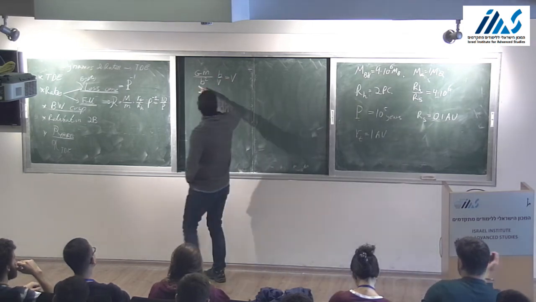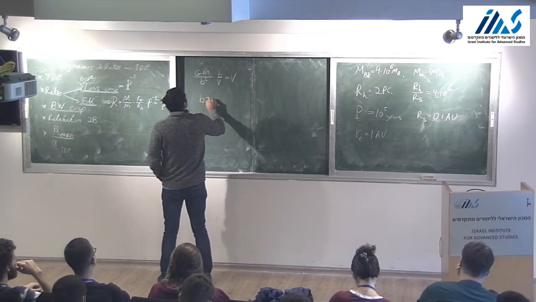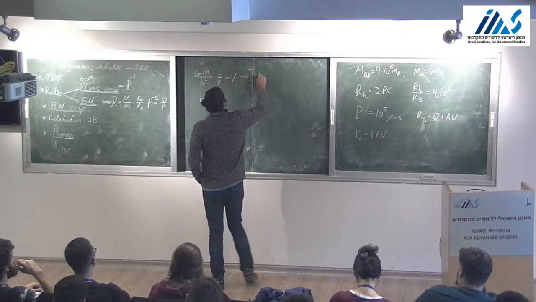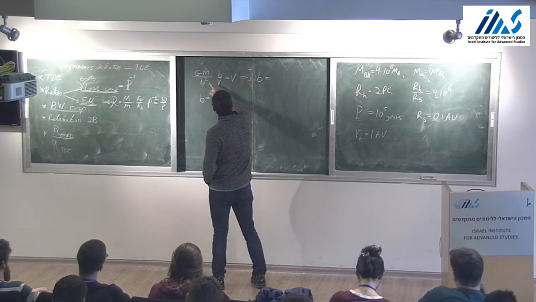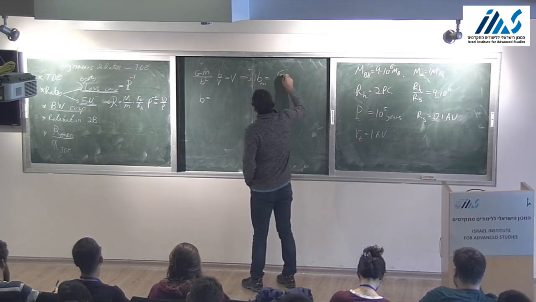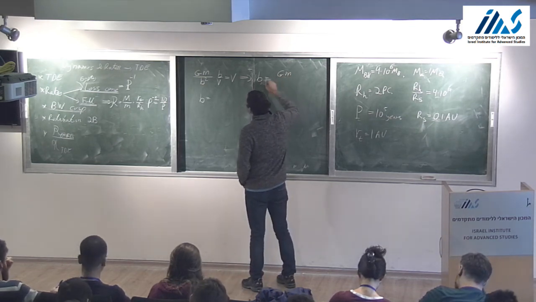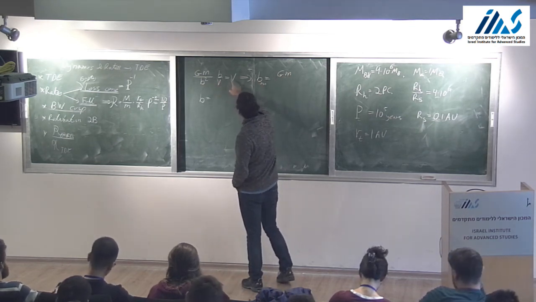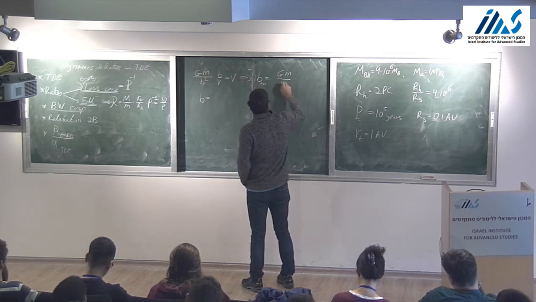So this is the impact parameter that we need. b is equal to what? This is what we called b min before. It is GM over v squared.